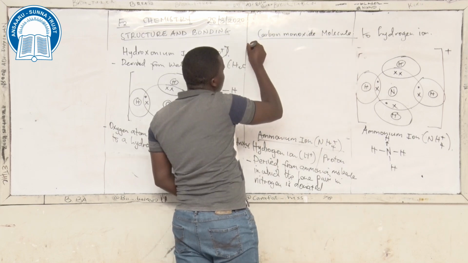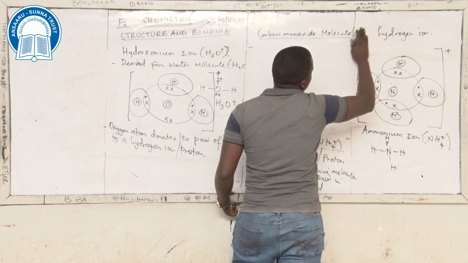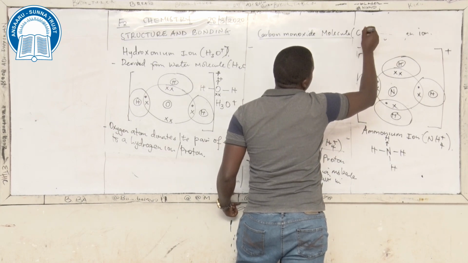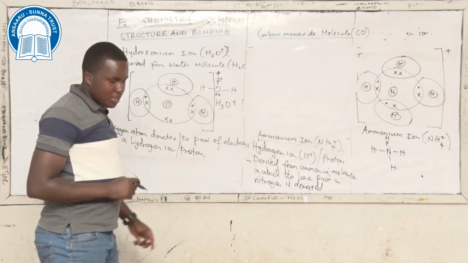This one is CO, so we know that it is CO, whereby you have one carbon and one oxygen.